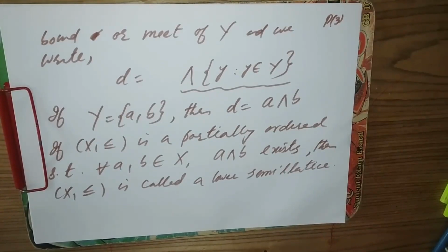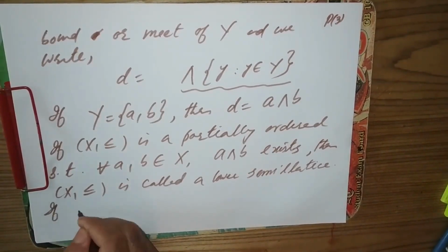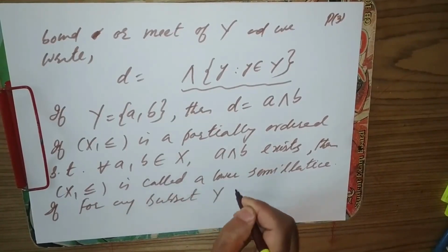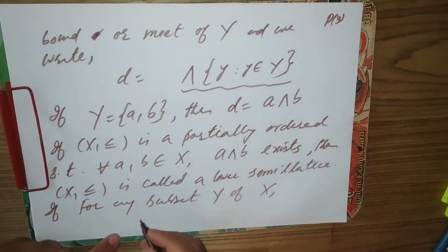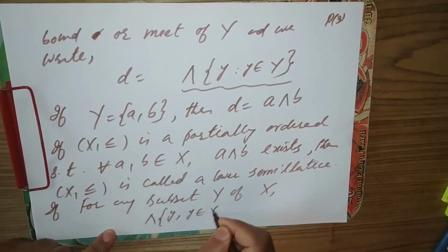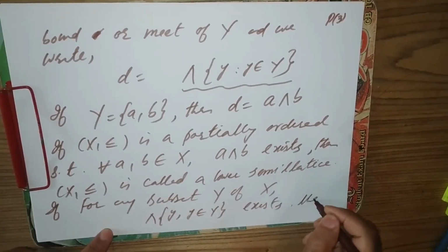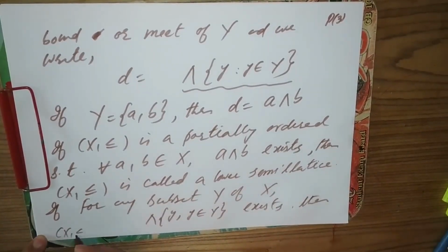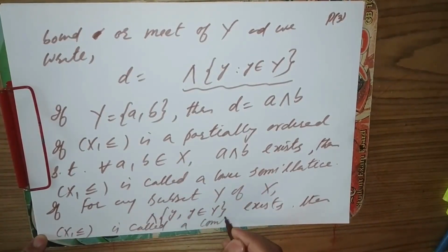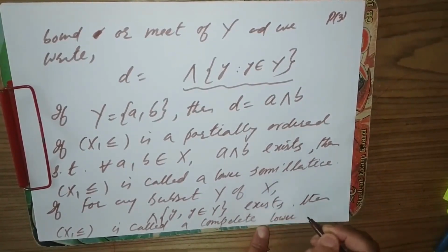So if the meet of Y exists for any subset Y of X, then this partially ordered set X with the relation less than or equal to is called a complete lower semilattice.